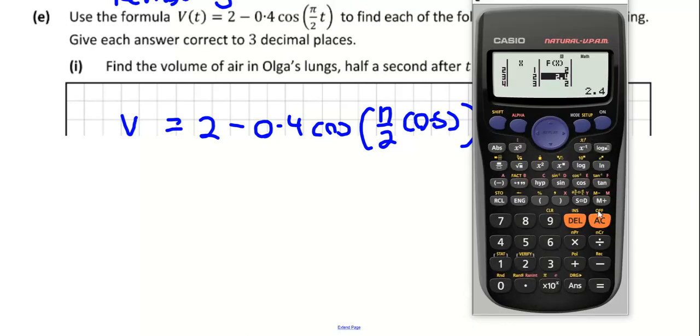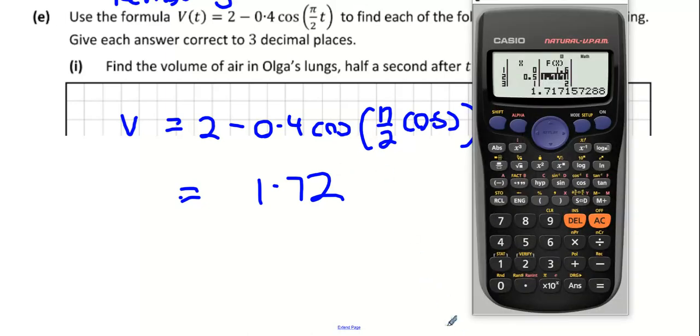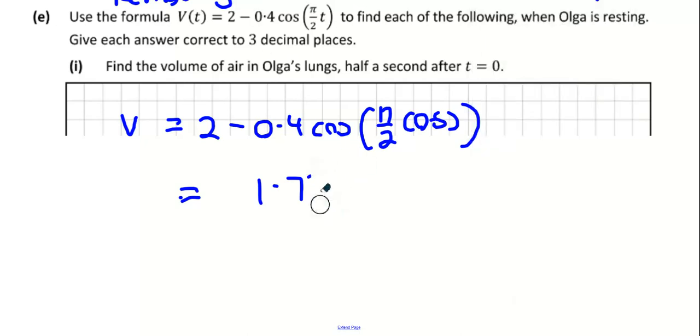Just go back and start at 0, end at 10, do a step of 0.5, and what happens? The answer is 1.717 or 1.72. If you put that in your calculator, you'll get 1.72. Three decimal places, so 717. Okay. Is that okay with you guys?